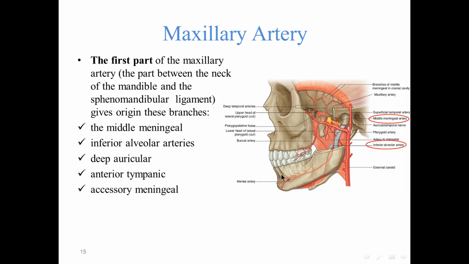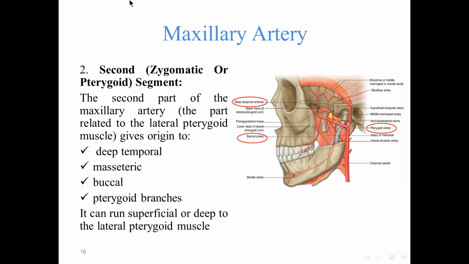Other branches of the first part are deep auricular, anterior tympanic, and accessory meningeal that supply the auricle, the tympanic membrane, and also the meninges in the middle cranial cavity. And the second part of the maxillary artery, this part.